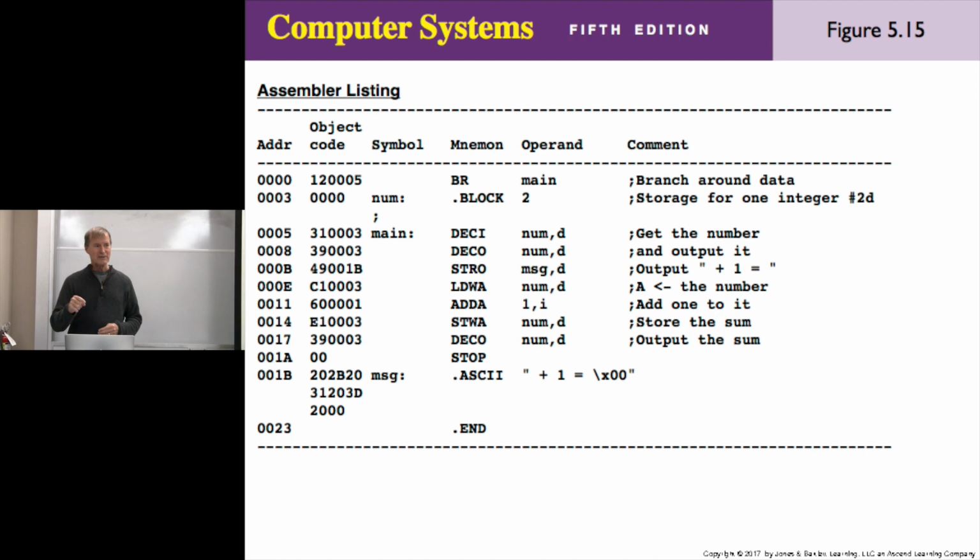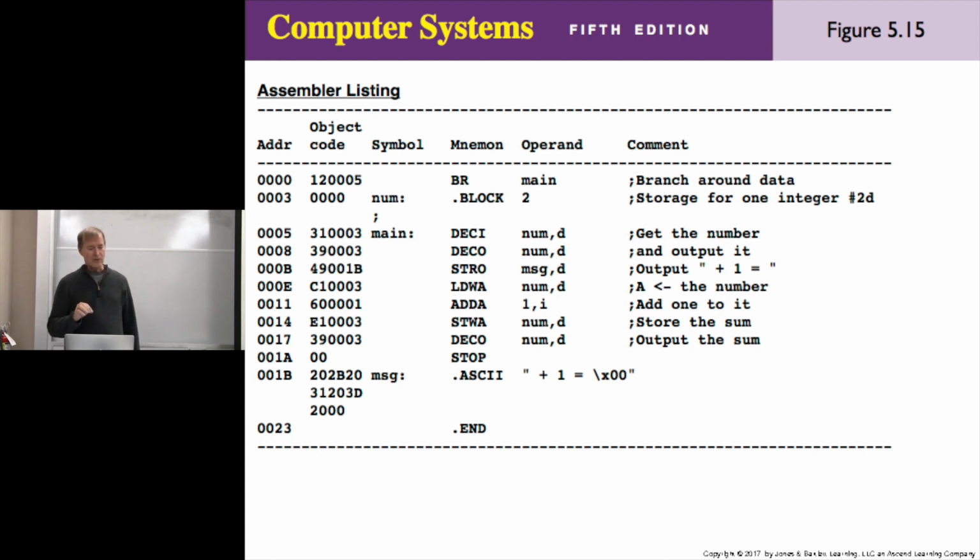What do we branch to? Main. And what can the assembler do? The assembler can literally count up how many bytes are generated from the start and figure out where main is going to be in main memory. So what is the value of main, do you think? What did we say the value of a symbol was? Yes, the value of main is 0005, because that's the address of where the statement that is labeled with main is. Is everybody clear on that?